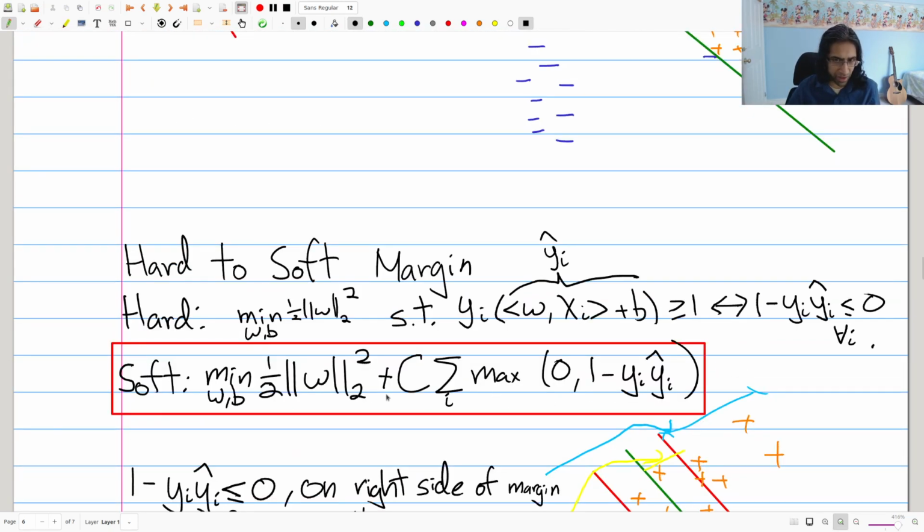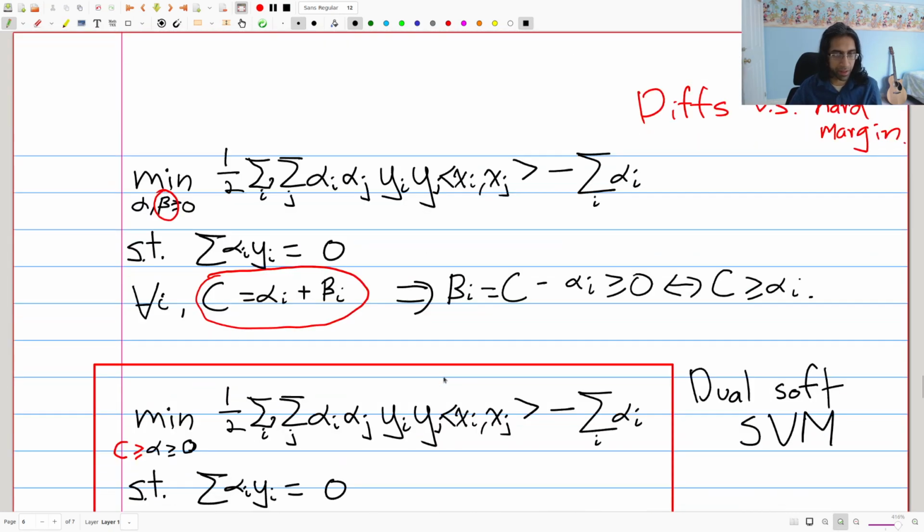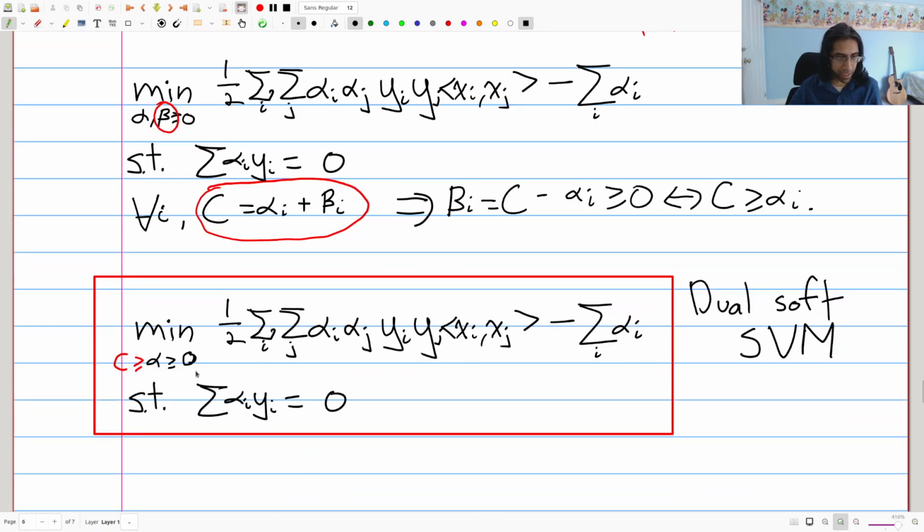They look a lot different because we have these hard constraints and then we have to put them in the loss function. It's a bit awkward and they look reasonably different. But when you look at the dual version of the problem, they look almost identical. In particular, you just add or remove this C here, and then it becomes either the soft or the hard margin SVM problem. So the fact that just adding or removing this will be key.